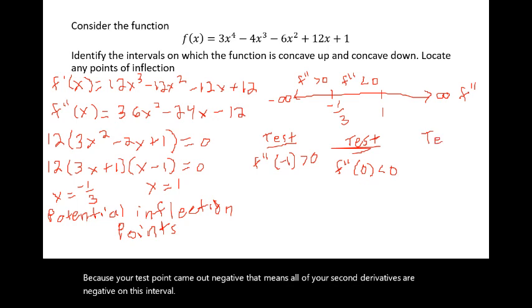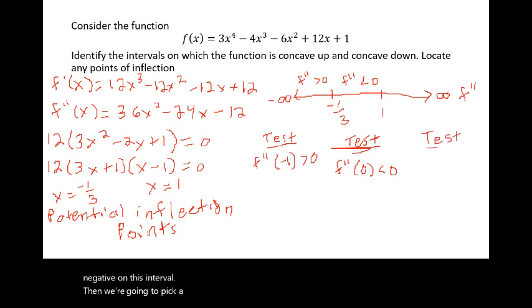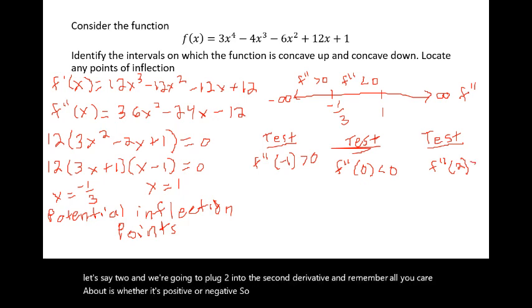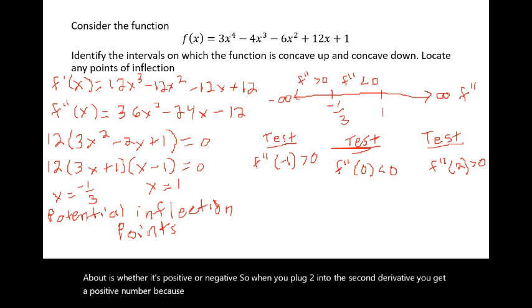Then we pick a test point on the interval from 1 to infinity, let's say 2. Remember, all you care about is whether it's positive or negative. When you plug 2 into the second derivative, you get a positive number, so all of these second derivatives are positive on this interval.